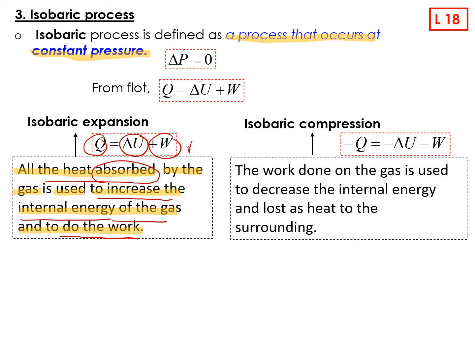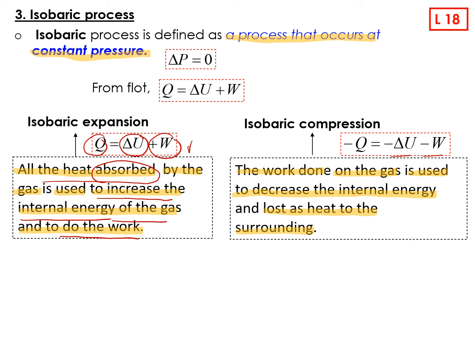Next, isobaric compression. The equation associated with isobaric compression is negative Q = negative ΔU minus W. So what is the meaning? In the isobaric compression process, the work done on the gas is used to decrease the internal energy and is lost as heat to the surroundings.